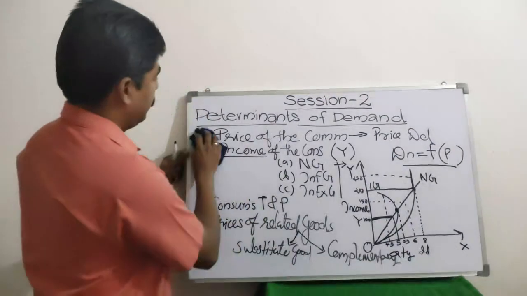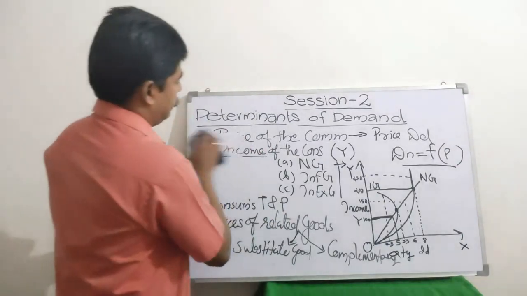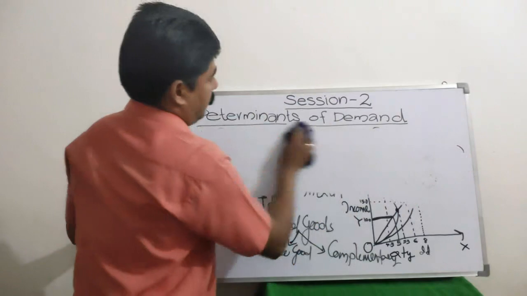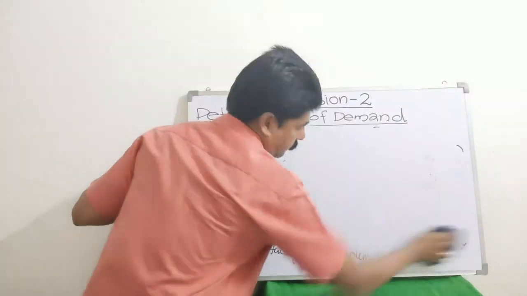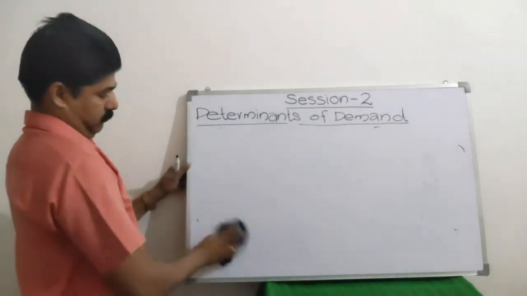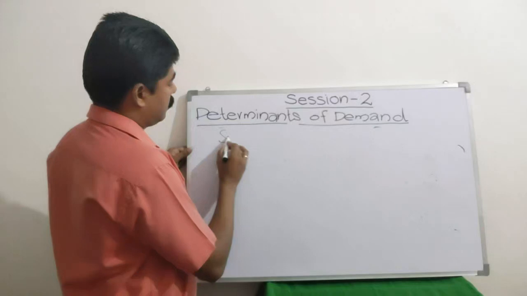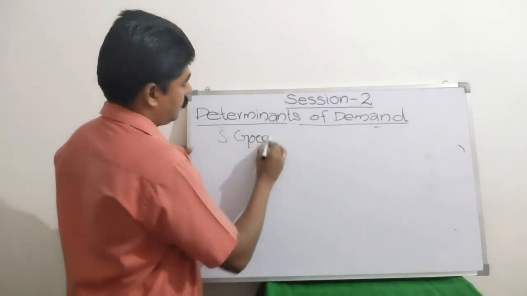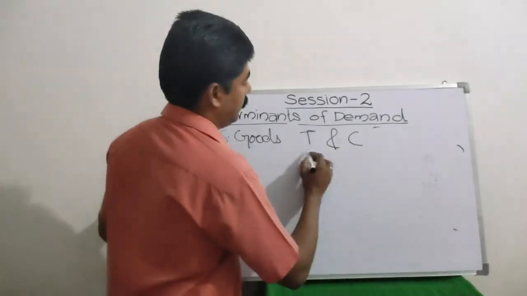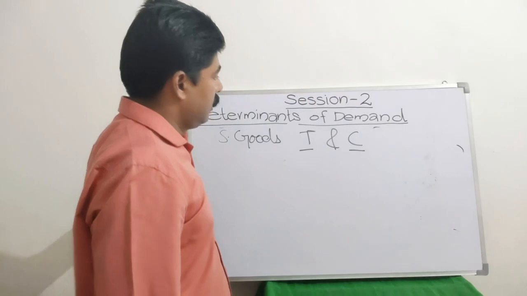I think you have noted it. So I am writing substitute goods: tea and coffee. Tea and coffee are substitute goods.